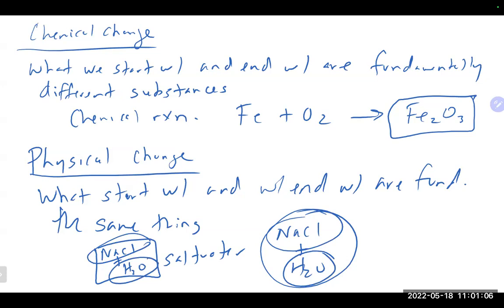Very common physical changes, as we talked about, are changes of state. When we go from solid to liquid to gas, that's a very common physical change. The common example of that is also water. We have an ice cube, then we melt it to liquid water, and then we heat the water up to make pasta, and we create steam.